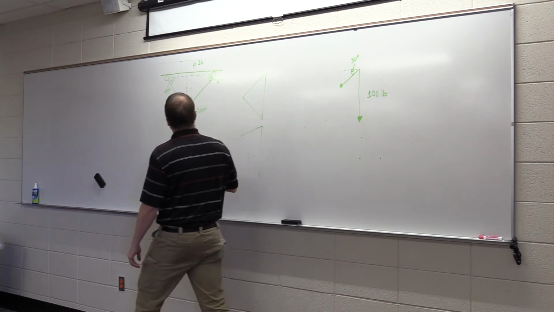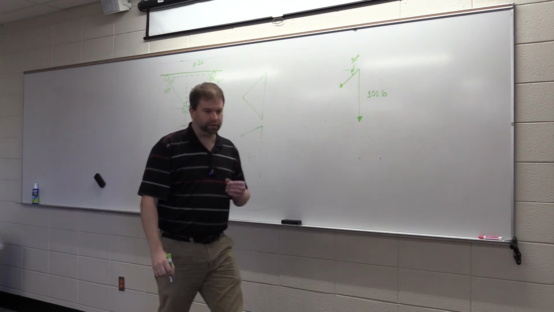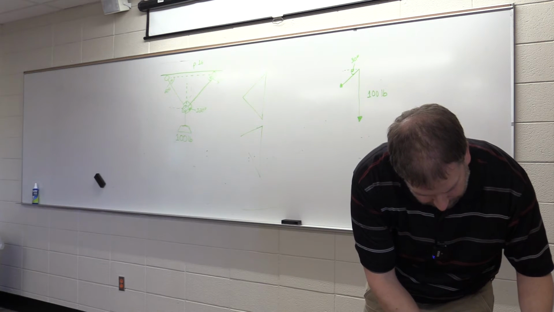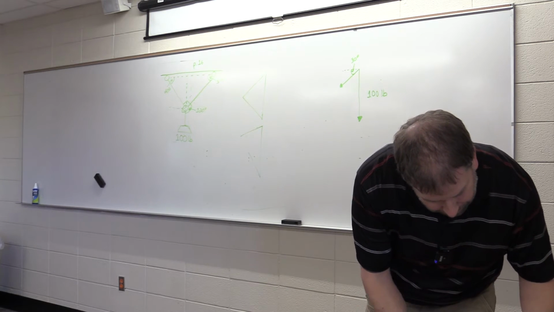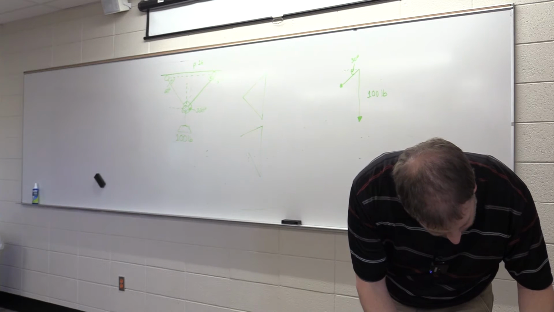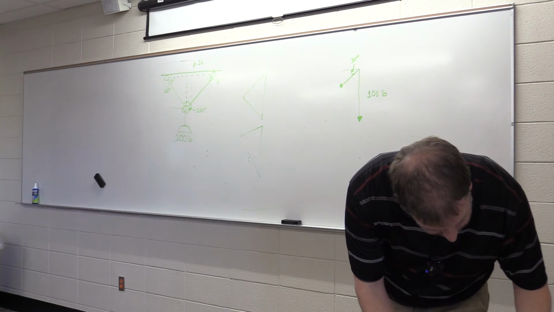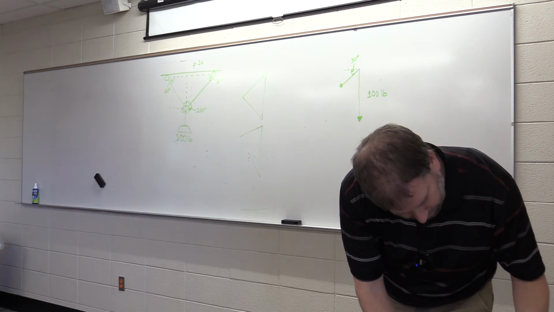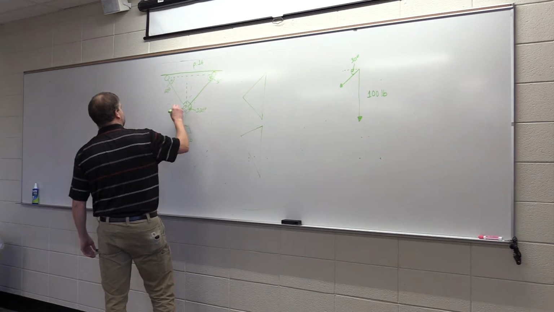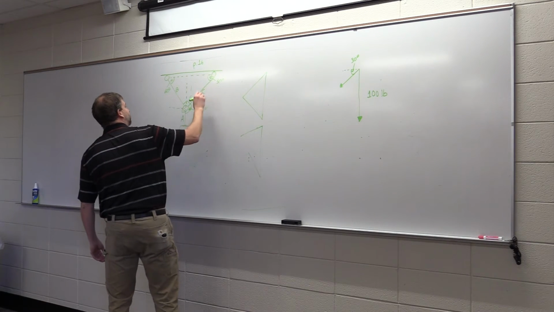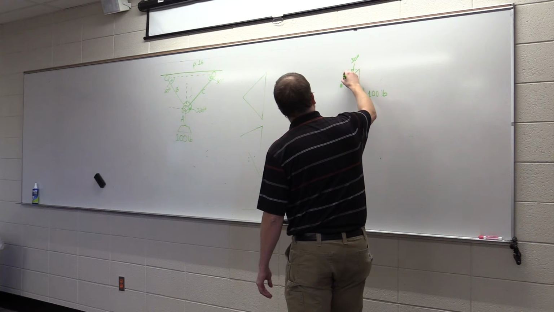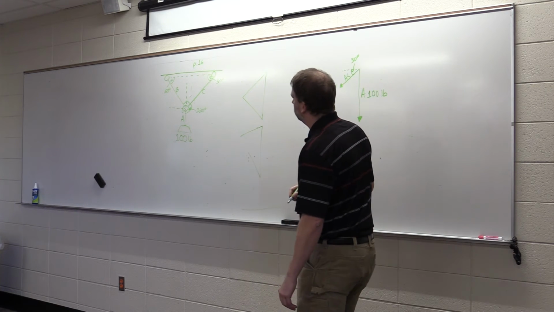Let's call that, actually I should check and see, do they give them identifiers in the book? It looks like they're saying that this is A, this is B, and this is C. So here we have A, here we have AC.